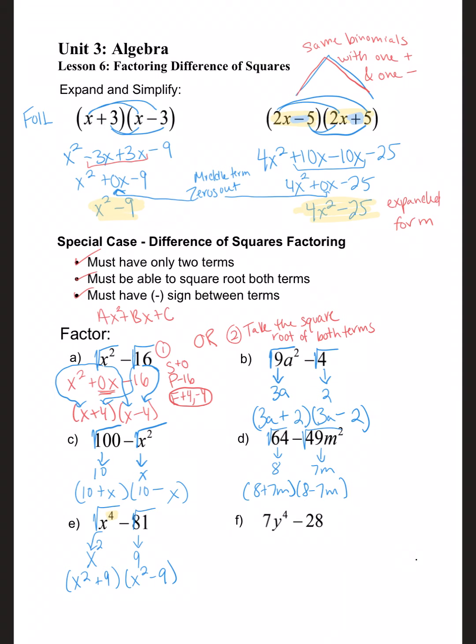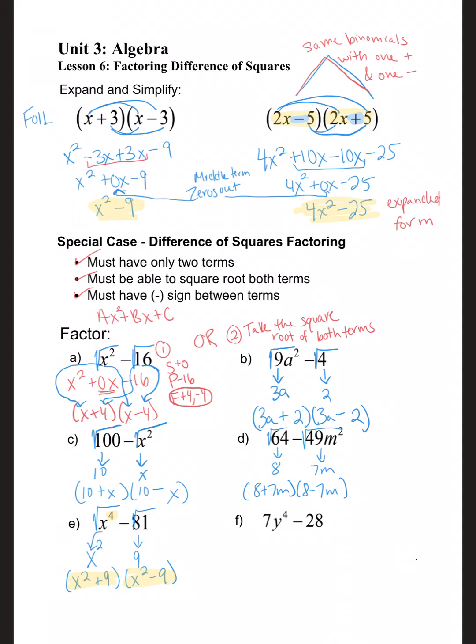So when we look at them this time, we ended up with two binomials, each of which has a squared in it. So we should think to ourselves, can this be factored further? And remember, to be a difference of squares, you need two terms. So I have two terms here, and I have two terms here. The second qualification is you must be able to square root both terms.